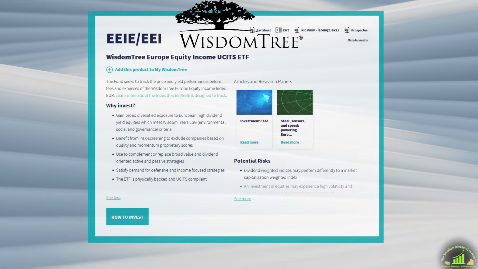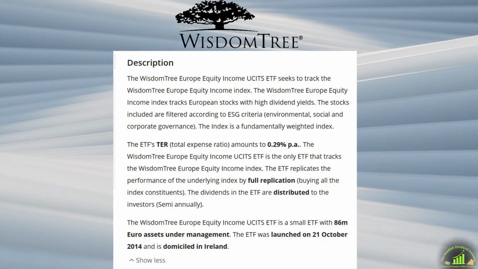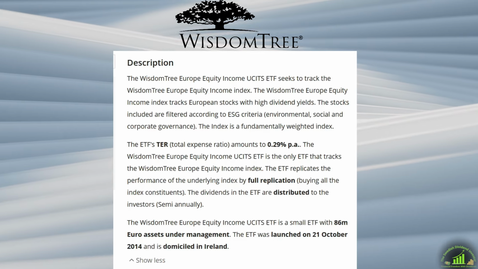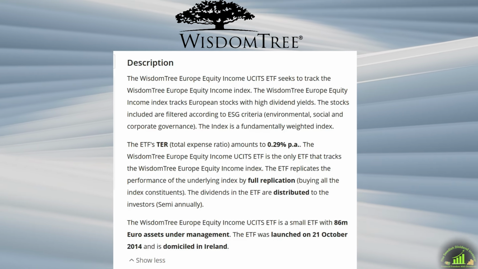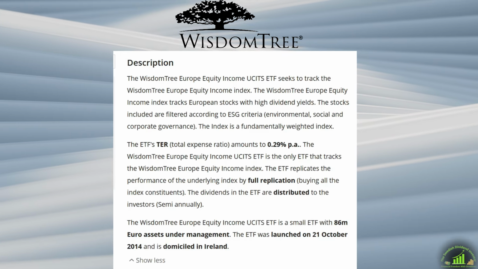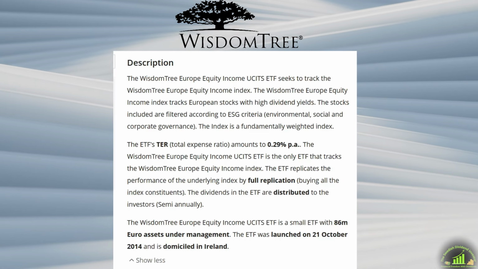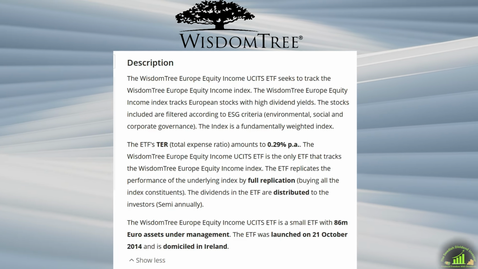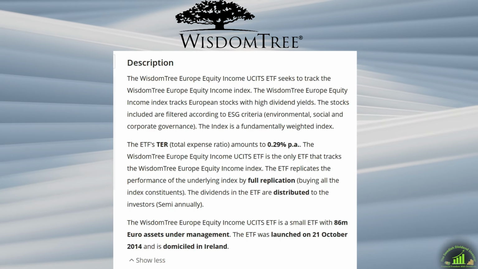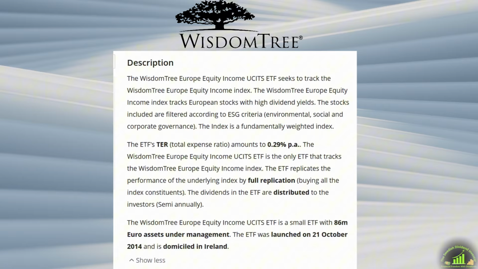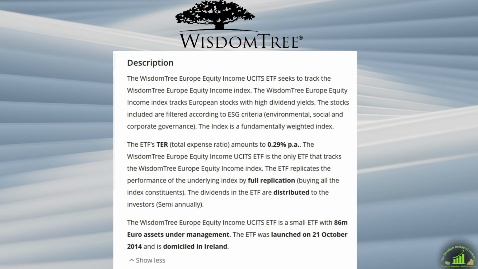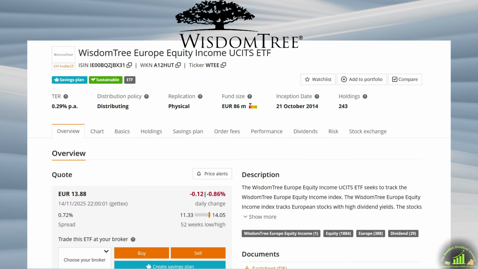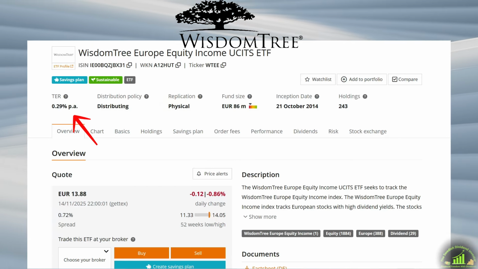It tracks the underlying index called the WisdomTree Europe Equity Income Index, which selects companies in Europe that are among the top 30% by dividend yield in the broader European stock universe, then applies risk filters, quality and momentum, and ESG criteria. The expense ratio is around 0.29%.